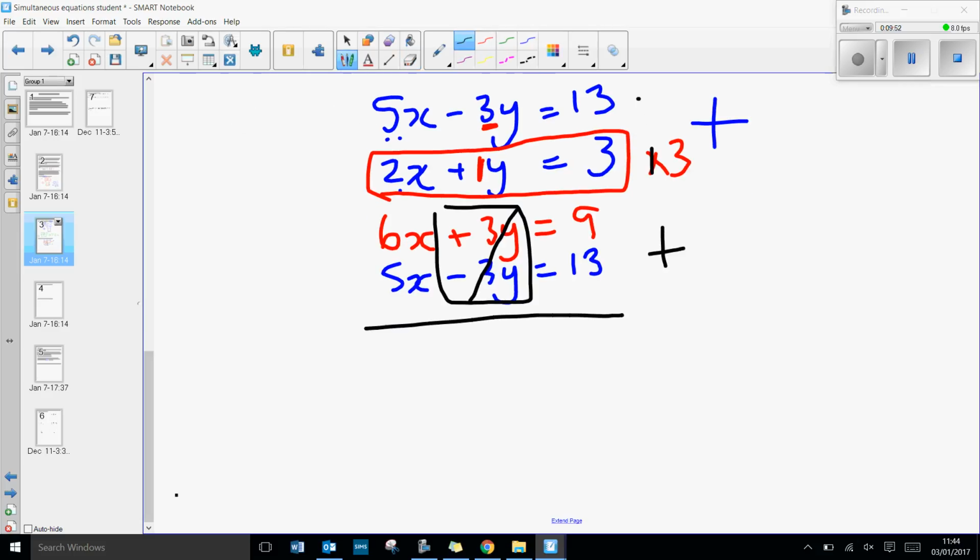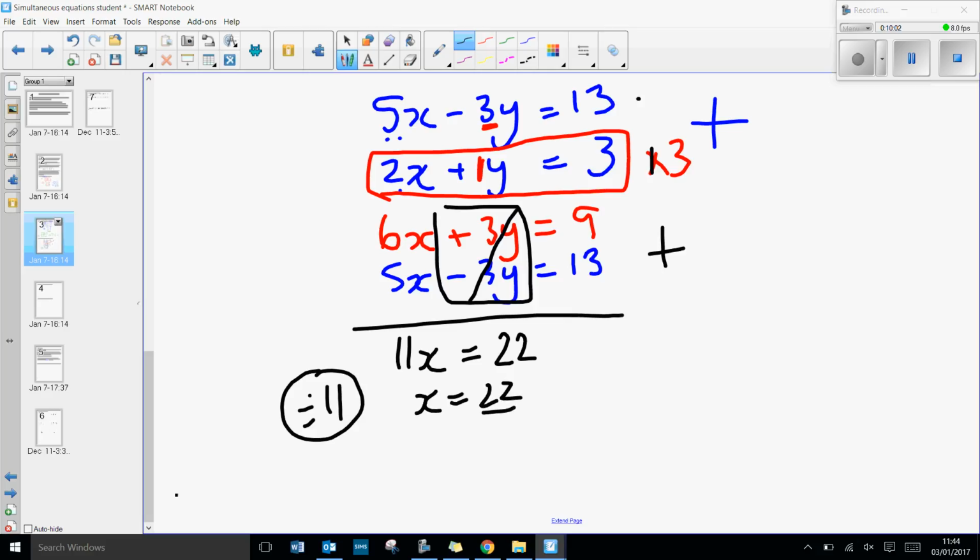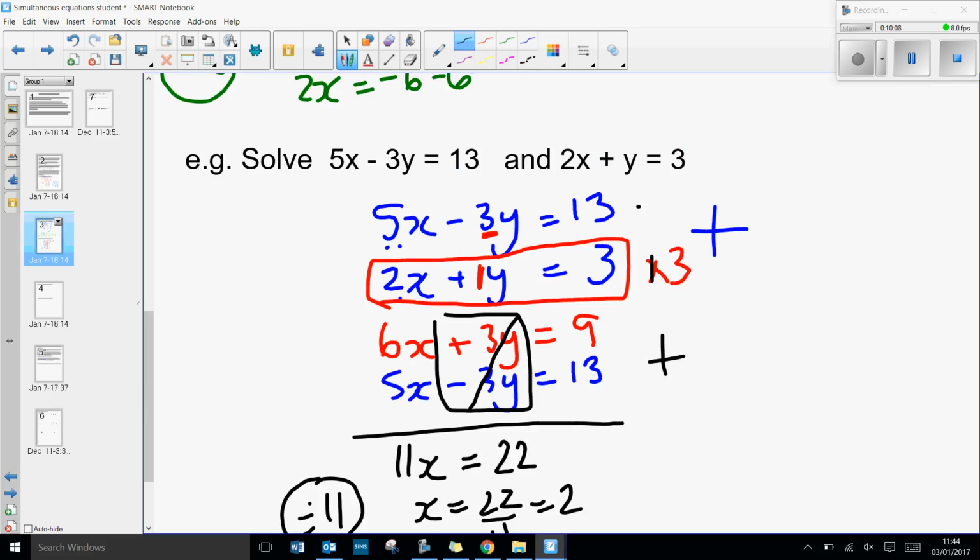So 11x equals 22. Divide both sides by 11. So x equals 22 divided by 11, which is 2. We need to find our value for y. I'm going to choose this version because y is positive. So that's 2x plus y equals 3.